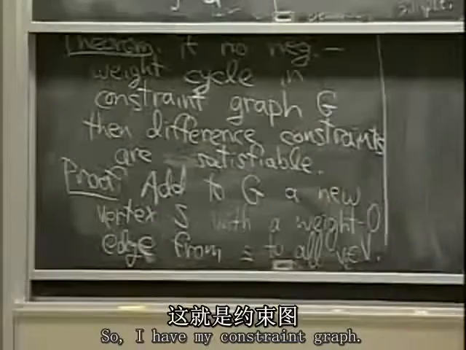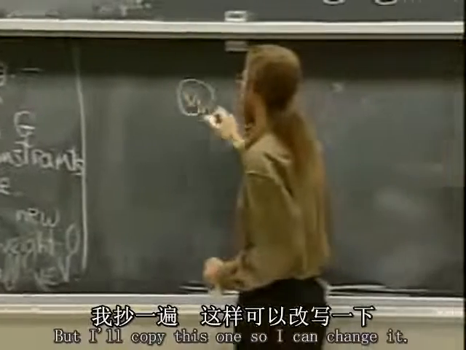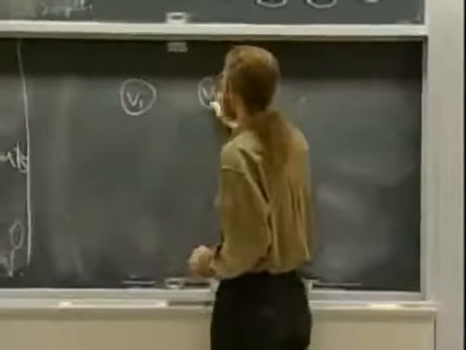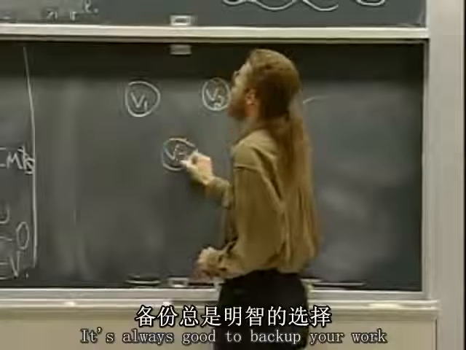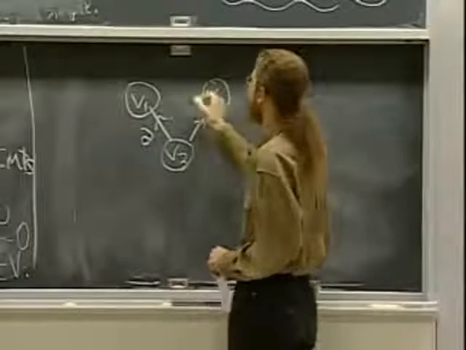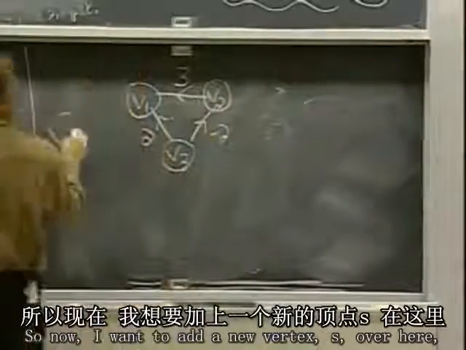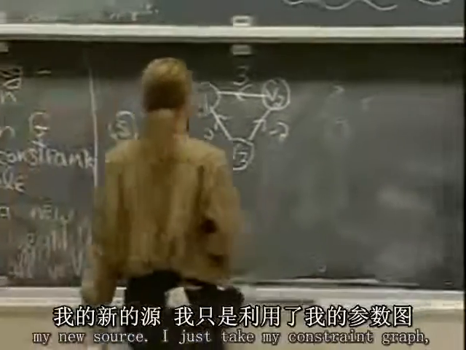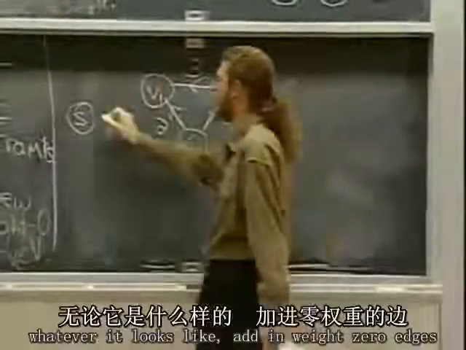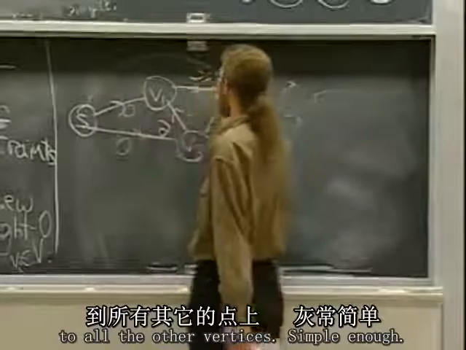So I have my constraint graph. Let me copy this one so I can change it. Always good to back up your work before you make changes, right? There we go. So now I want to add a new vertex S over here, my new source. I just take my constraint graph, whatever it looks like, and add in weight zero edges to all the other vertices.